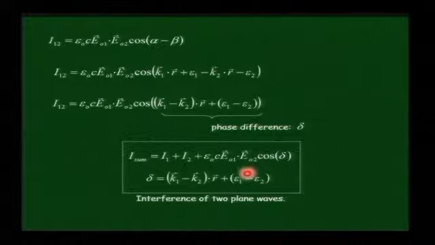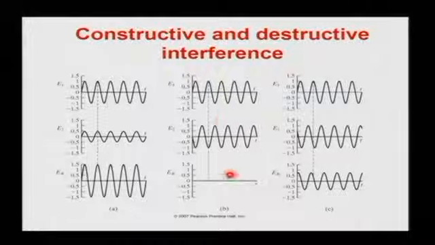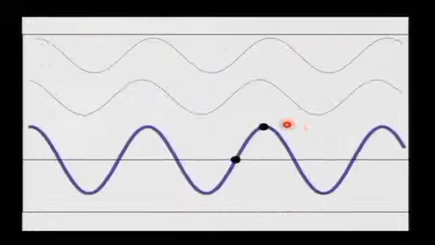But the phase difference, depending on the path length and orientation of vectors, is hugely important for polarized light. Again, just to remind you, we have constructive and destructive interference, this phase changes, and it shows us fluctuations.